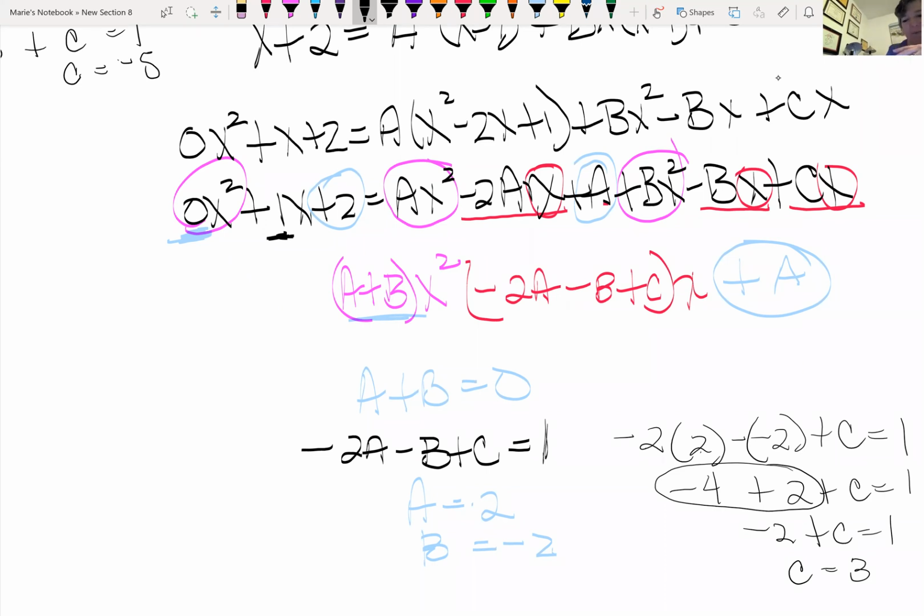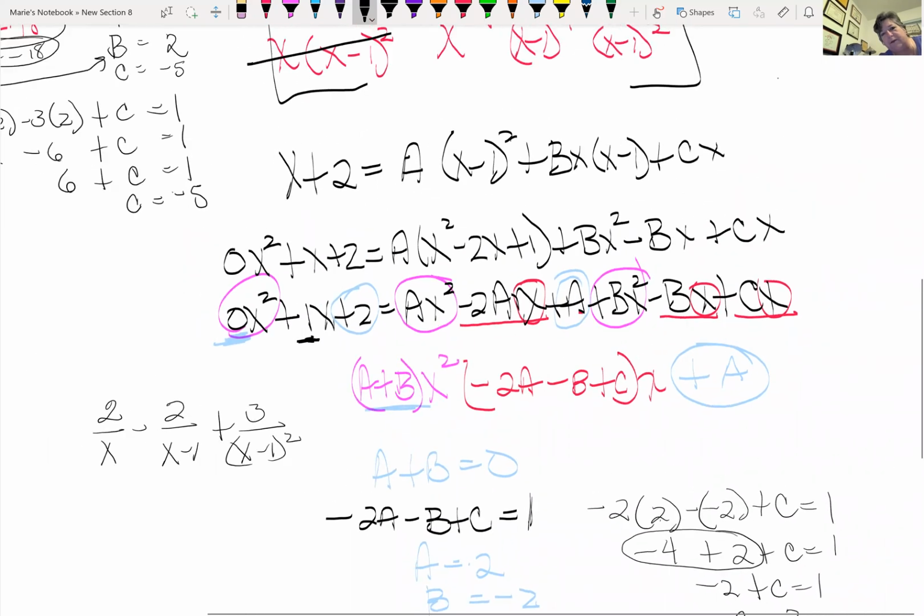So there's my a, my b, my c. And so my answer is 2 over x minus 2 over x minus 1, and then plus the 3 over x minus 1 squared. And that goes back to your original setup.